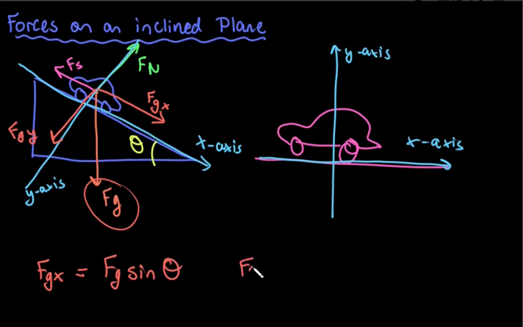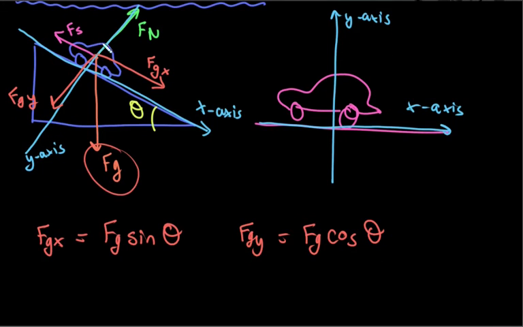And then FGY, which is this one right here, is equal to your gravitational force times the cosine of your theta. Now remember, these are only when you have an object on an inclined plane. This isn't applicable to when it's a flat surface, because then your gravitational force is parallel with your y-axis and you don't have to worry about this.